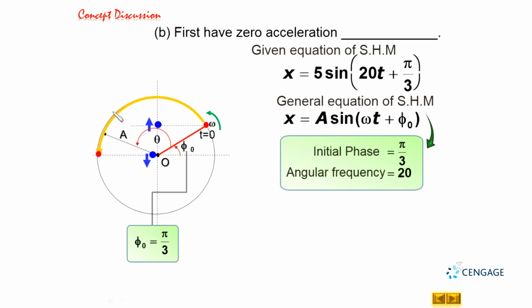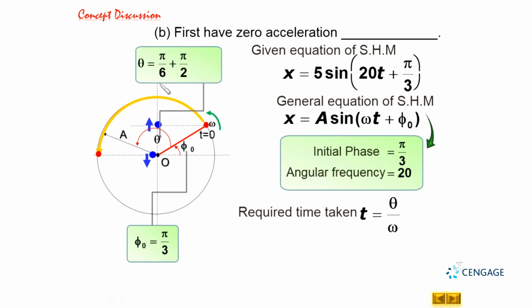This angle is π/6, and this angle is π/2. That means this angle θ should be equal to π/6 + π/2, that is equal to 2π/3. That means we got the angle rotated by the particle from this position to this position.